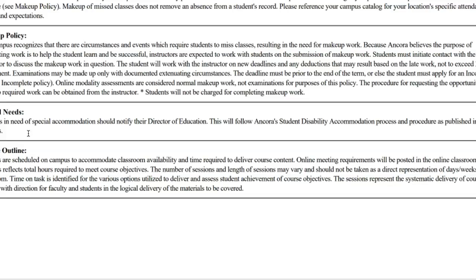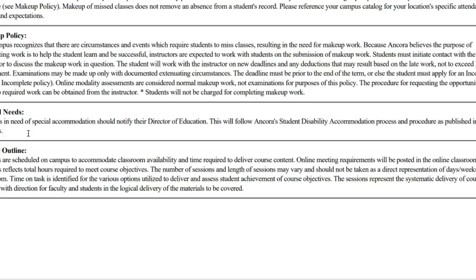So courses are scheduled on campus to accommodate classroom activity and time required to deliver the course content. Online meeting requirements will be posted in the online classroom. The syllabus reflects total hours required to meet the course objectives. Again, we'll cover course objectives in just a second.